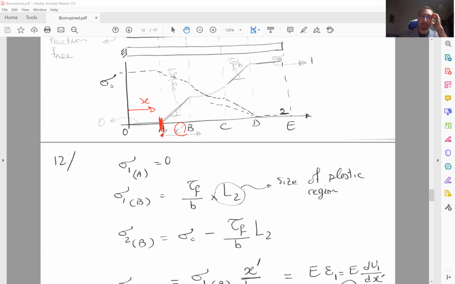I measure the distance from here by the variable x prime. I also noted that I have these points here, which I show with A, B, C, D, and E. So we're going to stop here and we're going to start with the next slide.